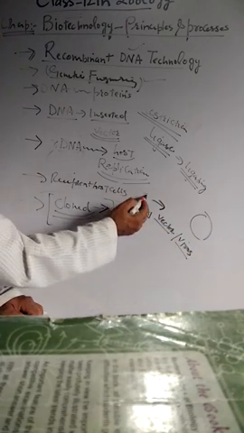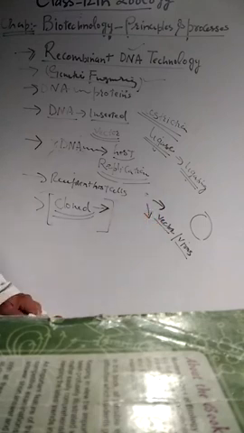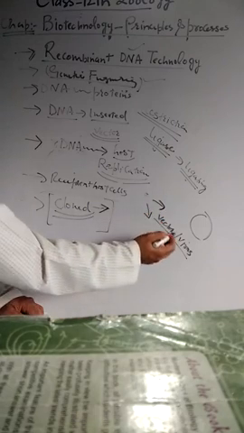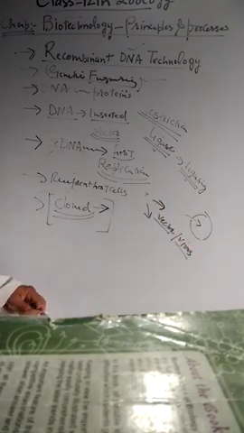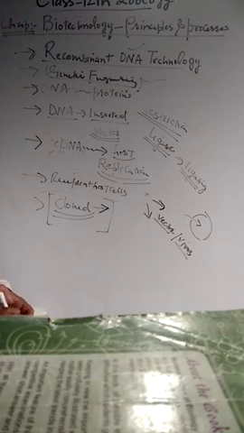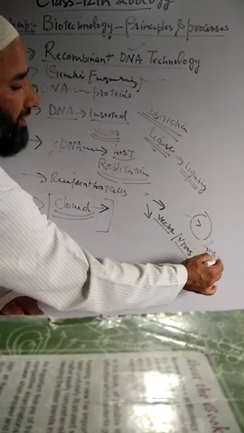So this gene of interest is introduced into this vector by restriction endonuclease and by ligase. Later on, this vector or virus is introduced into the host cell with the help of further enzymes that help to introduce this DNA or gene of interest into the host cell to produce the desired effect.